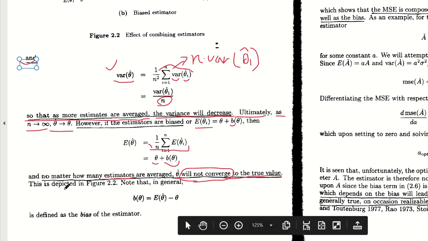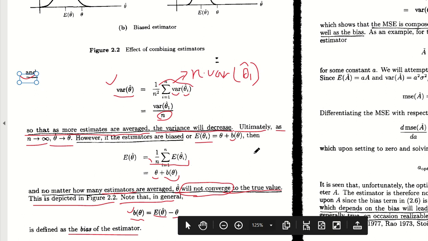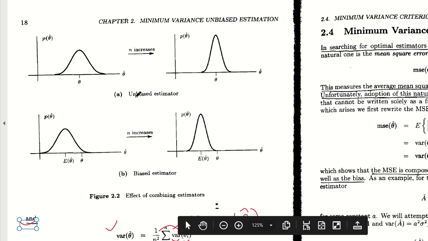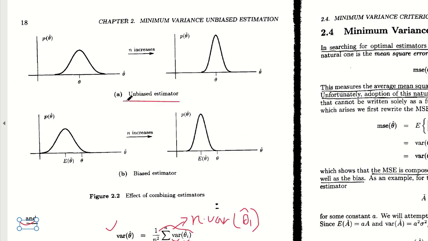It will be shown in the figure. Notice that in general, the expectation of the estimator minus the true value is termed b of theta, which is identified as the bias of the estimator. If you have an unbiased estimator, it's concentrated around the true value, and you have a lot of those estimators.